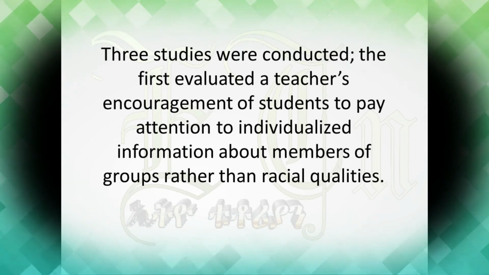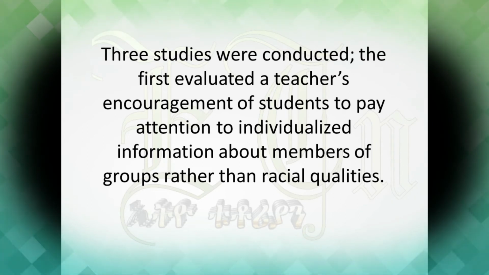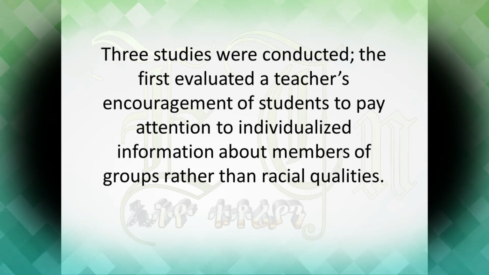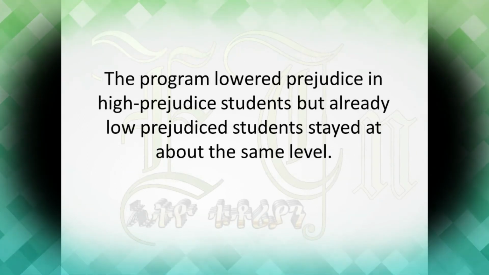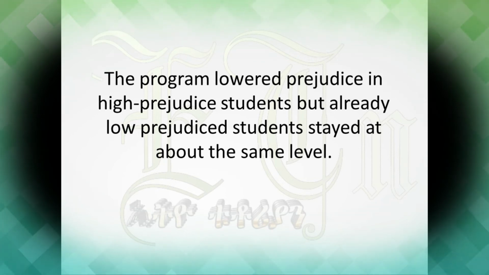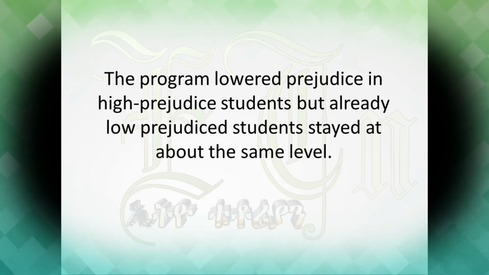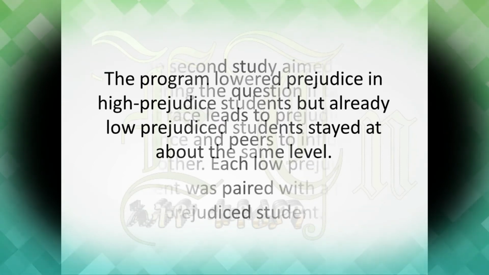The first evaluated a teacher's encouragement of students to pay attention to individualized information about members of groups rather than racial qualities. The program lowered prejudice in high prejudice students, but already low prejudice students stayed at about the same level.